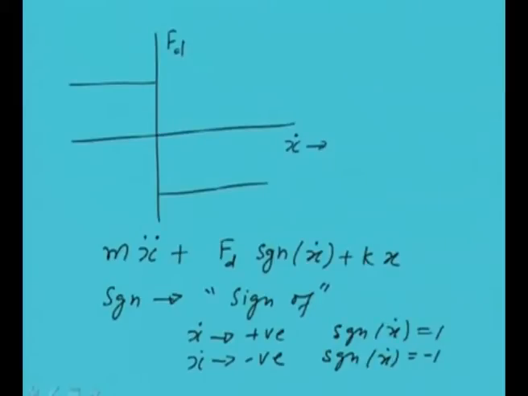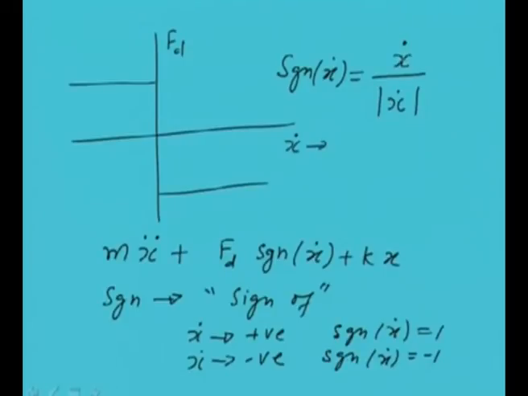We can combine these two like this. Sign of x dot can be written as x dot, that is velocity, divided by the modulus of that. So you can see now when x dot is positive, the sign of x dot has value 1.